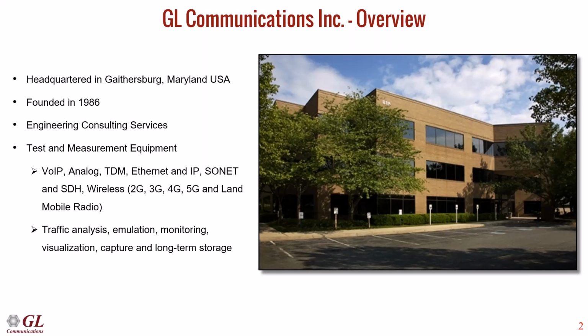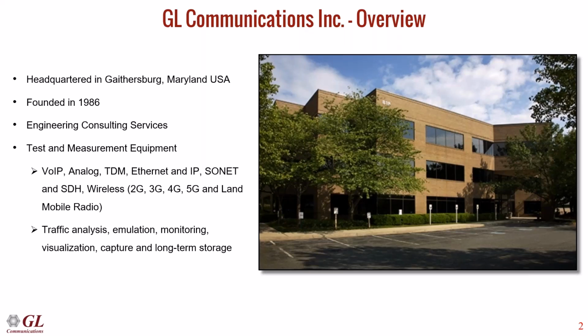We can capture, generate, analyze, and store traffic on all these different types of networks: Ethernet and fiber optic networks, SONET and SDH, legacy networks, radio networks, and cellular networks.